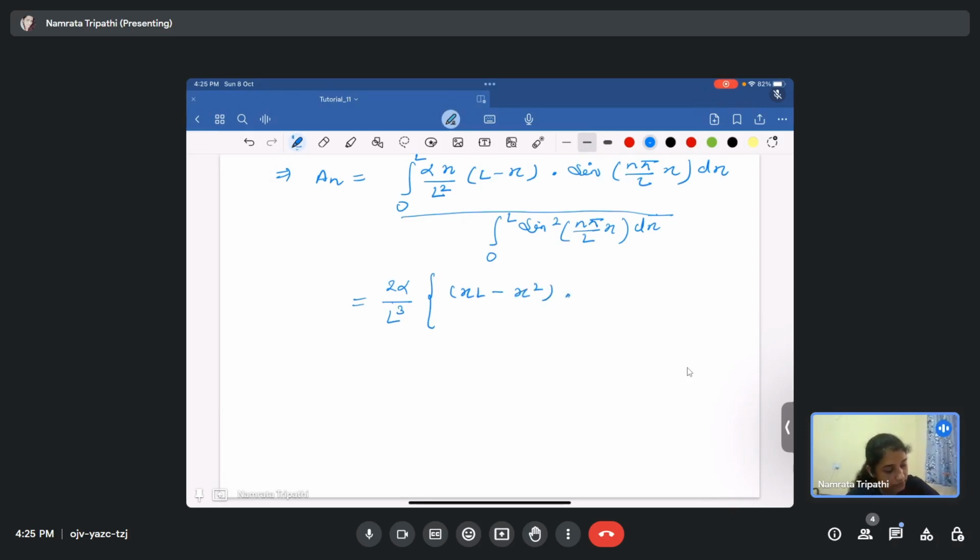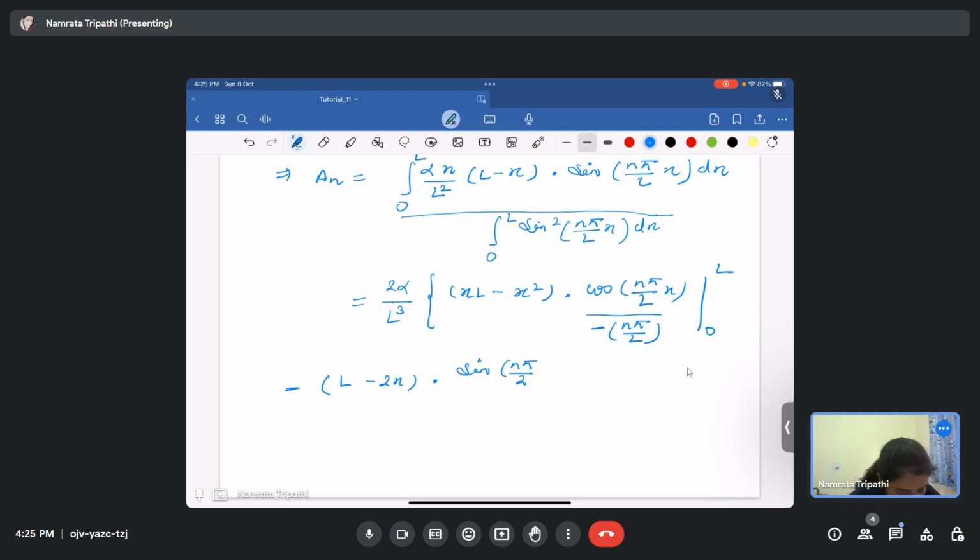The integration of sine will be cos n pi x upon L divided by minus n pi by L, and the limit is from 0 to L, and the differentiation of the first term will be L minus 2x.